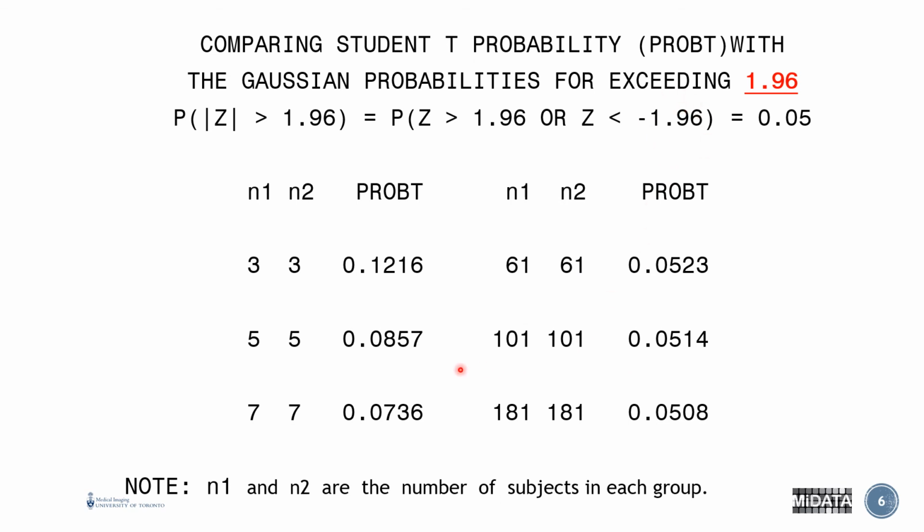So what did Gossett do? Essentially, he said, I'm going to set different cut points for each sample size. He does this by the degrees of freedom, which I'm sure you've heard of, and we'll define the degrees of freedom later in the course.